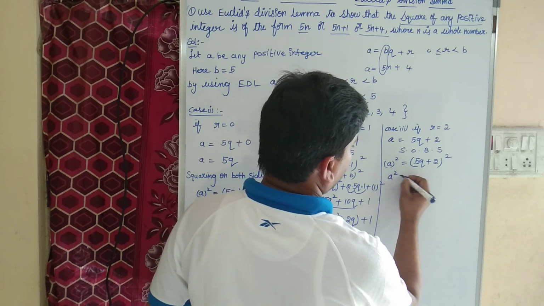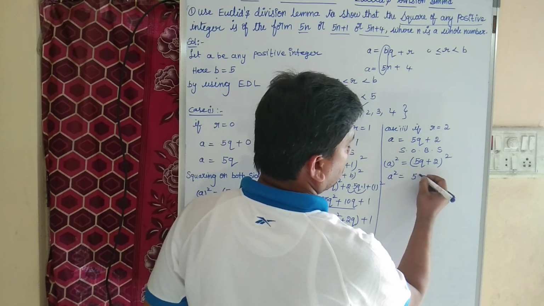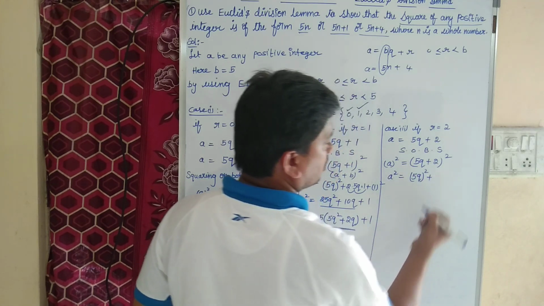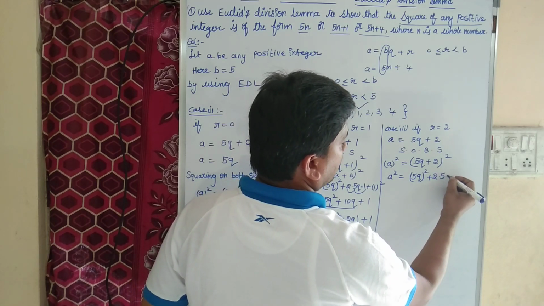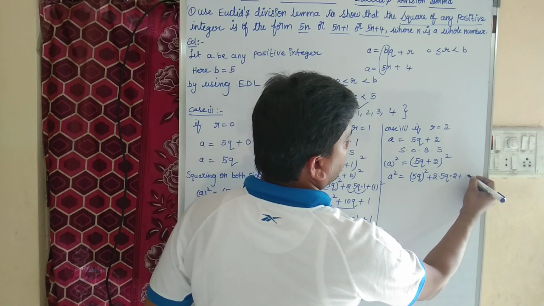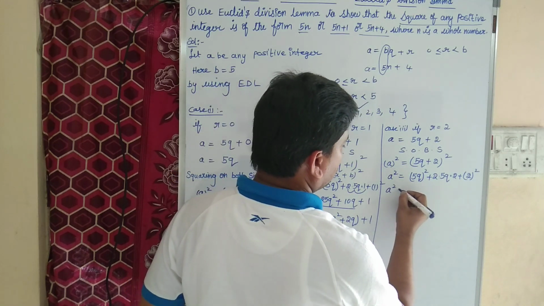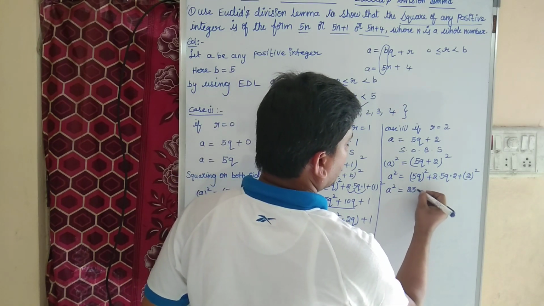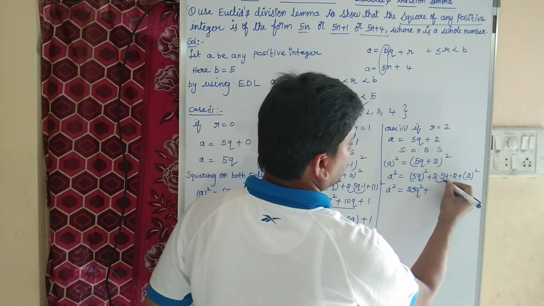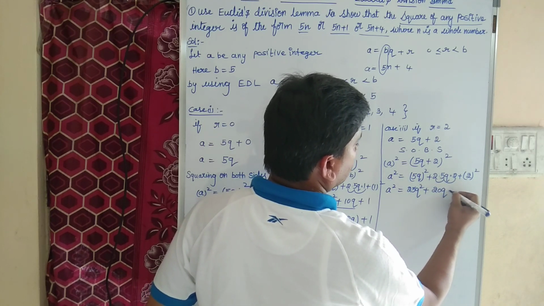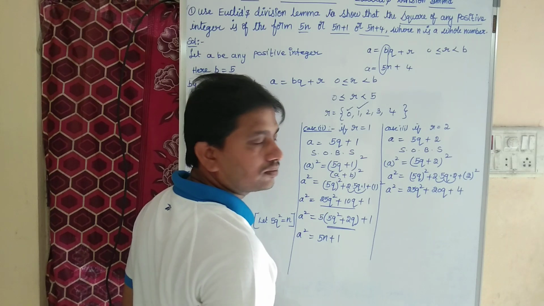Using the a plus b whole square formula, a square plus 2 into a into b plus b square. So a square equal to 5q whole square means 25q square, plus 2 into 5 is 10, 10 into 2 is 20q, plus 2 square is nothing but 4.